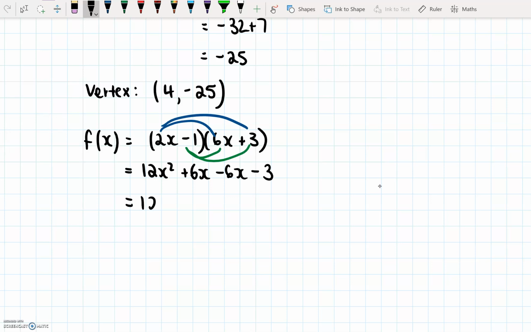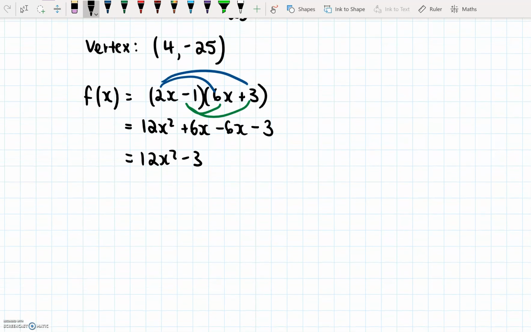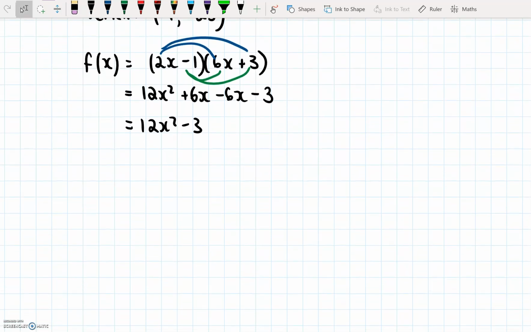Okay, so we have 12x squared minus 3 in this case. Now this is different because in theory we don't have a b term, okay, we actually do. Okay, so we have 12x squared plus something x, but there's no b term there at the moment, so we're going to say plus 0x minus 3.